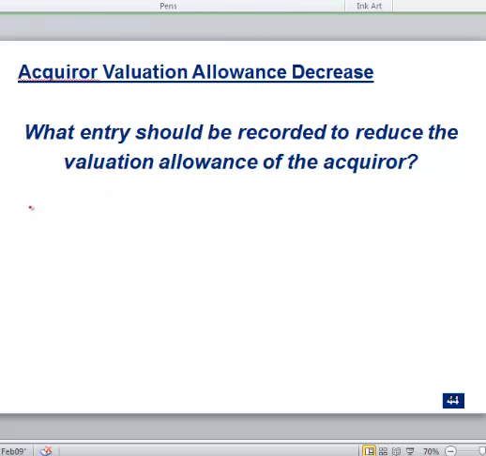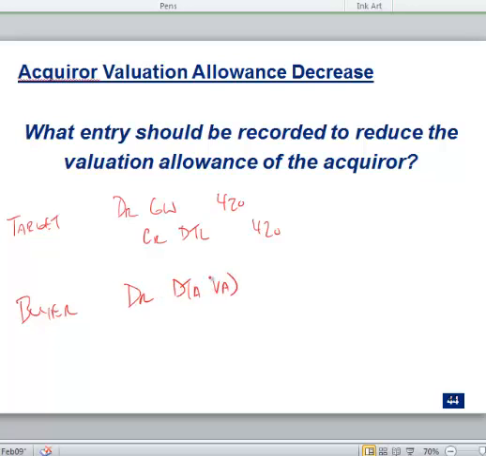The way the accounting works is first you book target's entries. Target's entry was debit goodwill, 420, credit DTL, 420. So then we go to buyer. And if we assume that all 420 of those DTLs would allow us to use 420 of our buyer DTAs, we would book debit DTA or release our VA, depending on how you want to look at it.